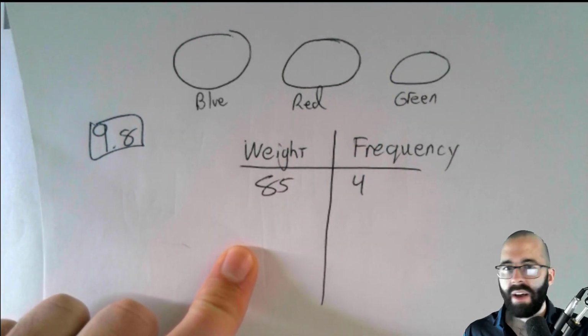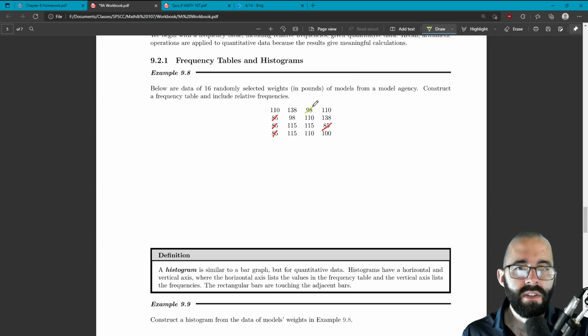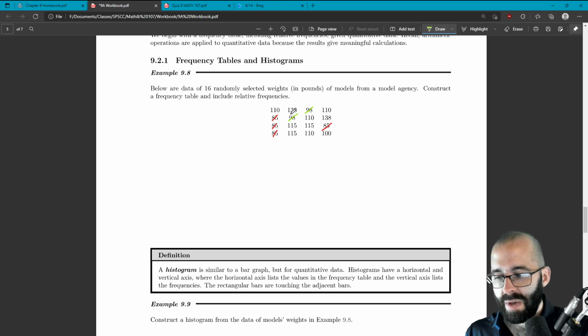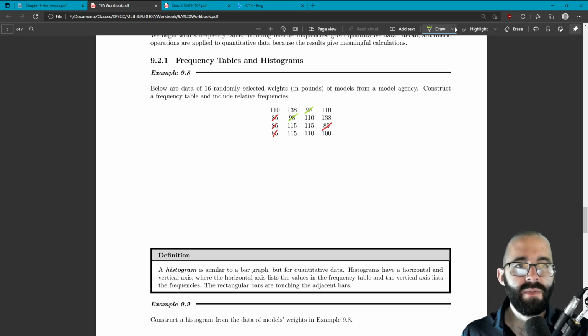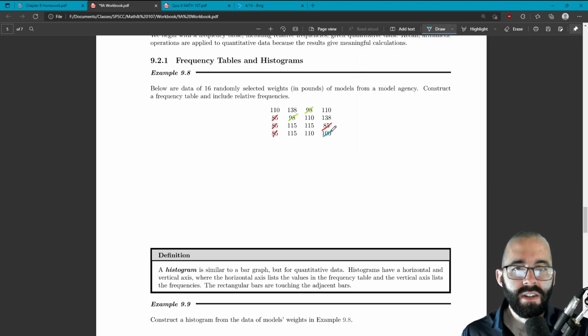And we just keep going through that with the next biggest number. So what's the next biggest number? I'm going to use a different color. You don't have to. 98. There's one. That doesn't show up well. There are 2 98s, I think. So I'll write down 98 as the weight and say there are 2 of them. And then we're going to look at the next one, 110 maybe. Nope, 100.